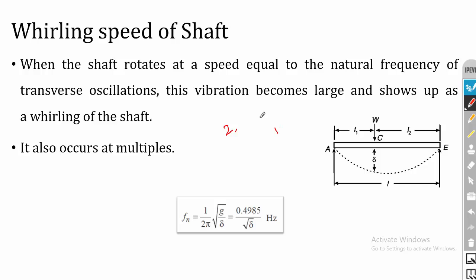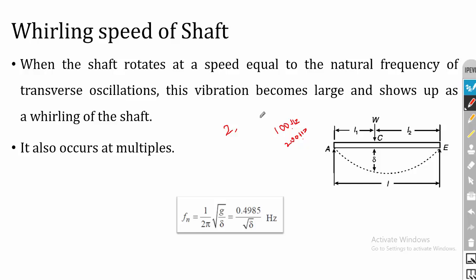For example, if the first whirling speed is 100 hertz and the second natural frequency is 200 hertz, then we should not operate the shaft at 100 hertz or 200 hertz. If it matches, the amplitude will be very high.